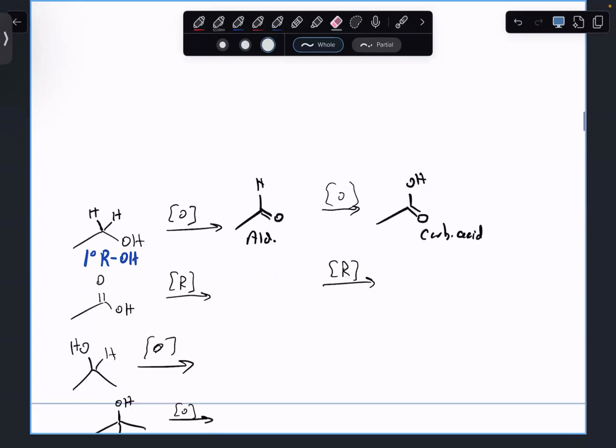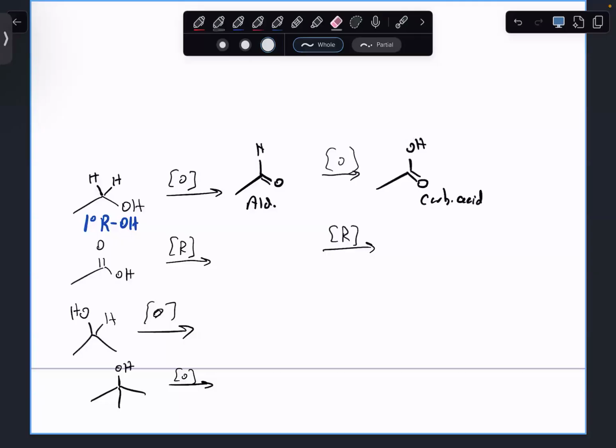So if I take that carboxylic acid shown in that second row, and I add this bracket R, that's just some generic reducing agent, I am going to be able to reduce the carboxylic acid to the aldehyde. And then I can reduce that even further to the primary alcohol. Exact same sequence, exact same intermediate. We're just going in one direction and then going in the opposite direction.